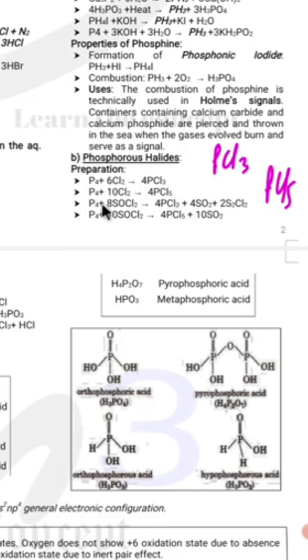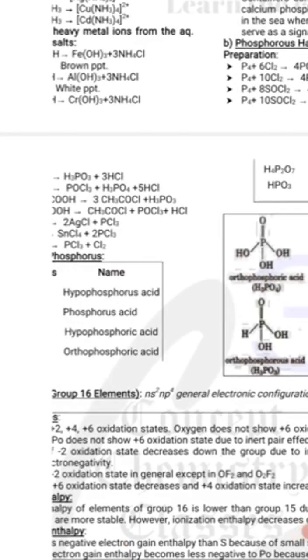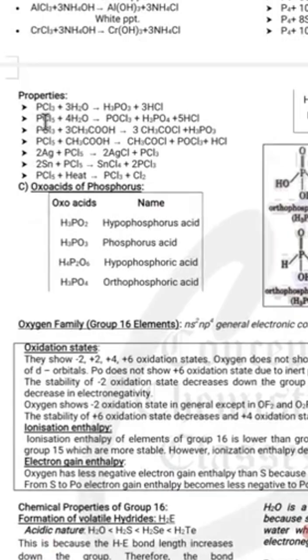So these are some preparation reactions of these halides PCl3 and PCl5 by reacting phosphorus with chlorine and SOCl2. SOCl2 is thionyl chloride. Okay, then next are the properties of these halides of phosphorus with water, with acetic acid.